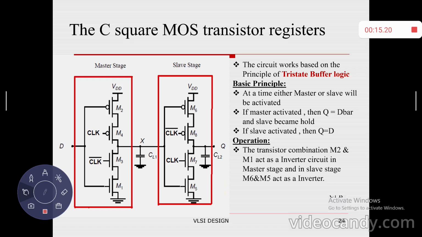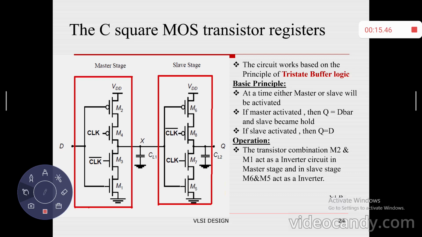The combination of M2, M1 acts as an inverter in the master stage, whereas M3, M4, based on the clock signal, go to high impedance, 0 state, or 1 state. In the slave stage, the transistor combination M5, M6 acts as an inverter circuit, whereas M7, M8 are under the control of the clock and clock bar control signals.